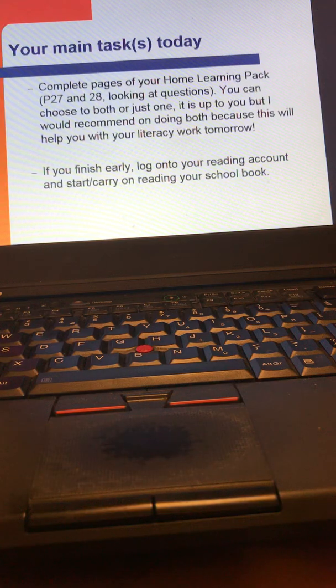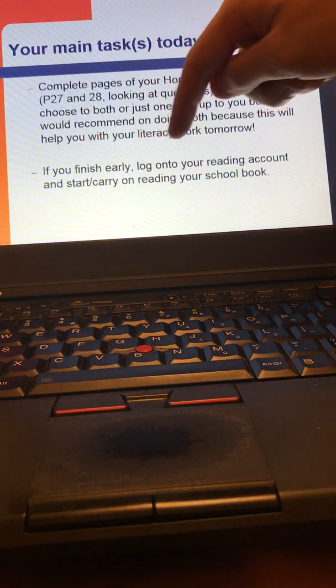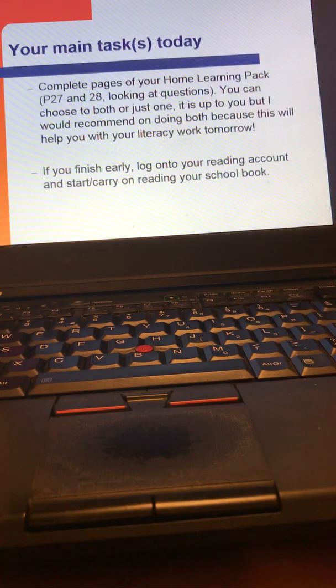If you finish early, what I want you to do is I will send out these login details for my primary 3s who don't have them yet. But when you've finished, I want you to log onto your reading account, which is where you access your reading books, and start, if you haven't done it before, or for my primary 2s and a couple of primary 3s, carry on reading your school book.